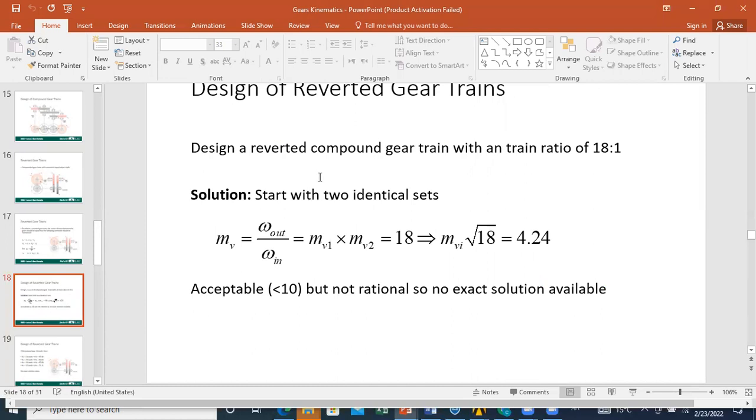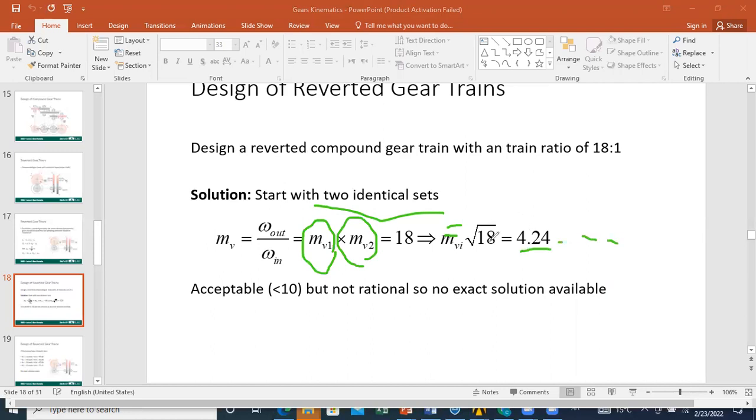So let us say I will start with 2 identical sets. The total ratio is omega out over omega in, which is the product of each set of gears. To have the total ratio equal 18 with identical sets, each set should be characterized by a gear ratio of radical of 18, which is 4.24 something.